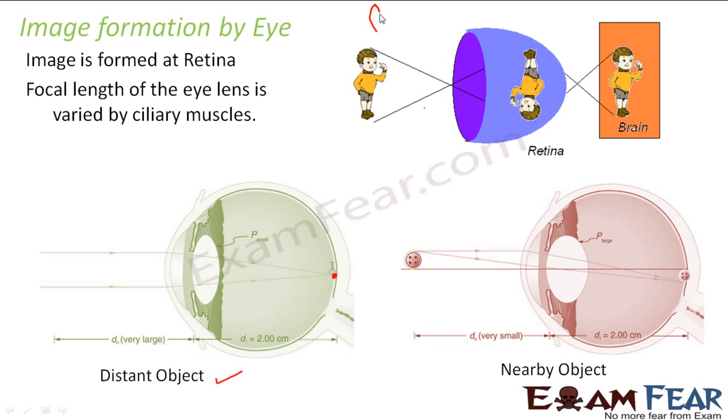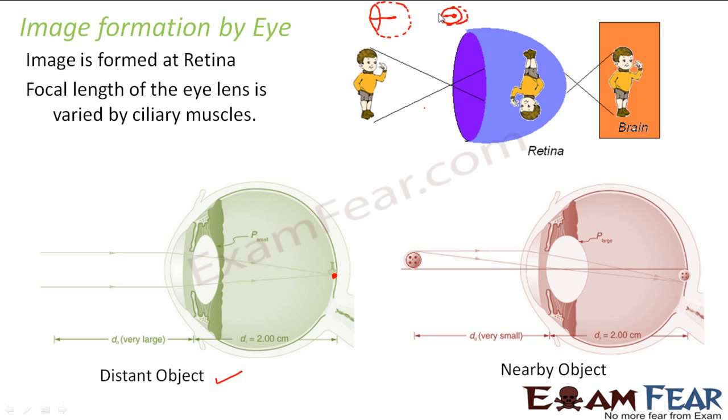If your lens is thin, the curvature is less, and the focal length is more. But if your lens is thick, if you look at the circle which is formed, the focal length in this case is less. So a thick lens will have a lesser focal length as compared to a thin lens, right?